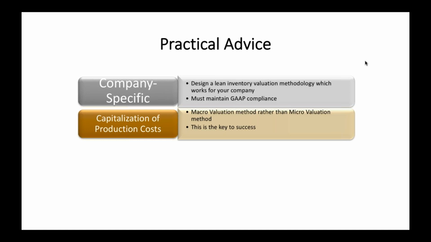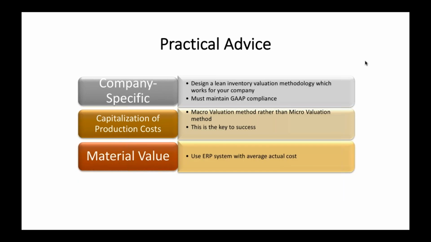This unlocks a lot of time by the elimination of maintaining standards, analyzing standards, reporting on the shop floor, etc. Practical advice, as I said a few times, is keep your material in your ERP system, quantities, and use actual cost. That's the simplest, easiest thing to do.